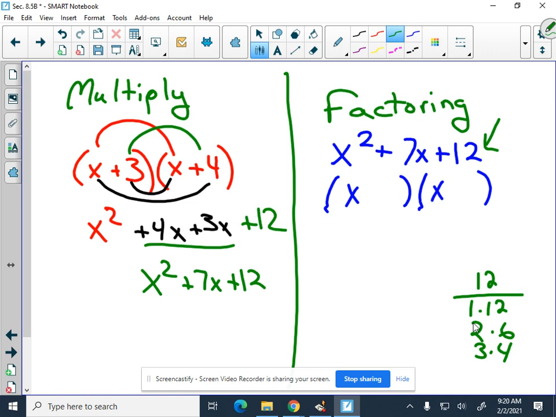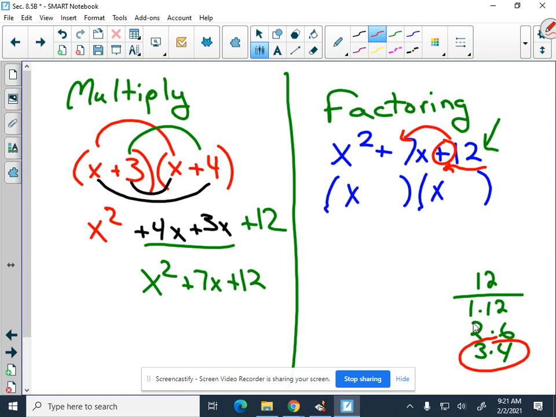But now we look at this and we look backwards. Since factoring is working backwards, we read backwards and we look next at this sign, the plus sign. That tells me they're going to add to be positive 7. The two numbers that can add to be 7 are 3 and 4.